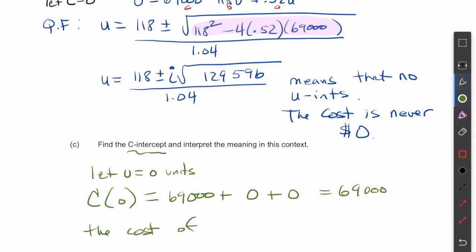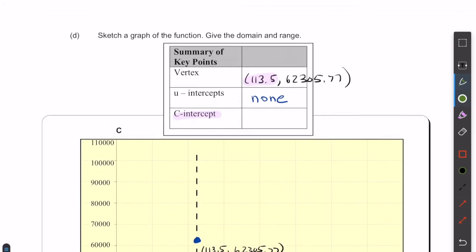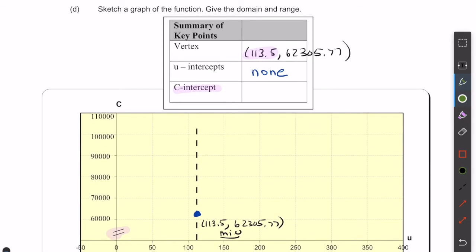So the cost of producing 0 units, and this, as we've talked about before, would be like the rent of the facility, any other costs that don't depend on the number of units they produce. So the cost of 0 units is $69,000. So $69,000 is our c-intercept. And that's going to be right about here.